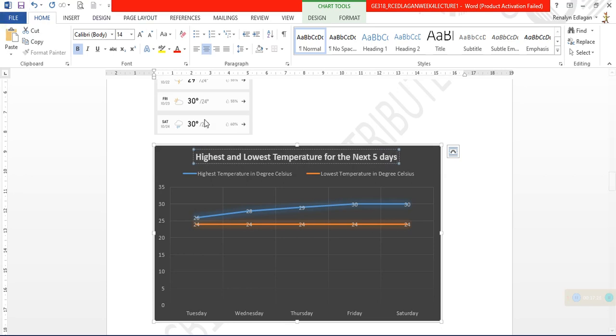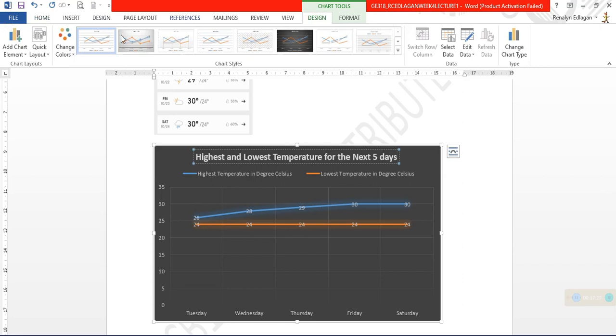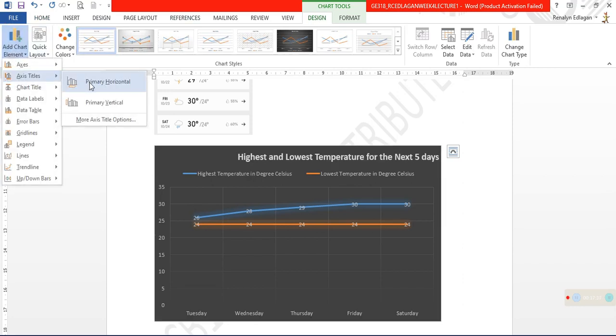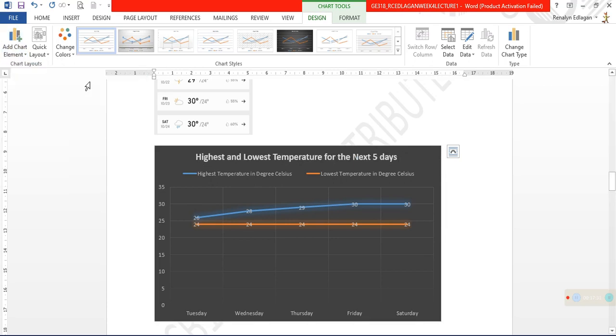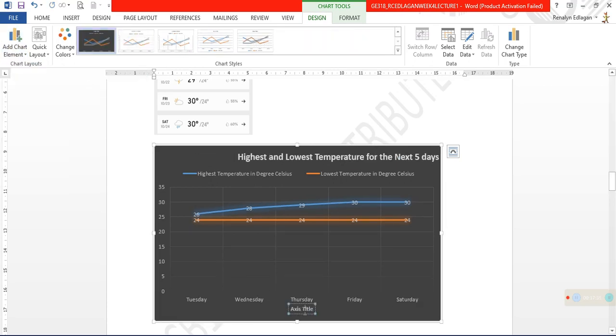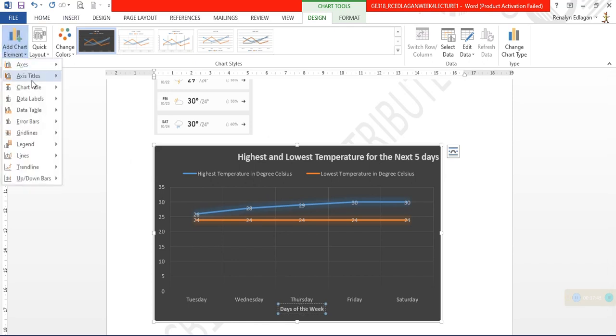Yan. Tapos, pwede pa natin siya i-customize lalo. Add chart element. So, si axis title. Primary, horizontal. These are days of the week. For example, yan. Days of the week.